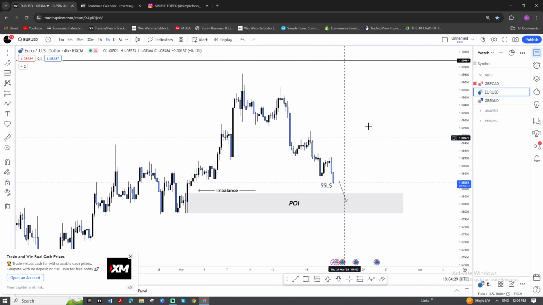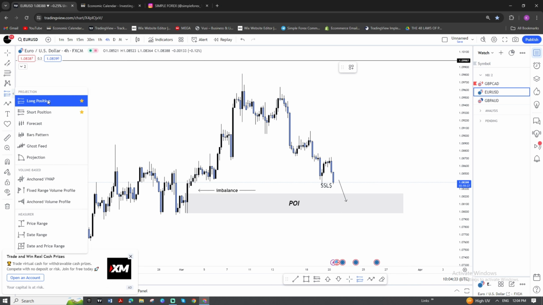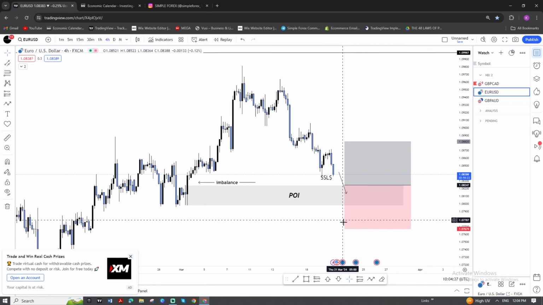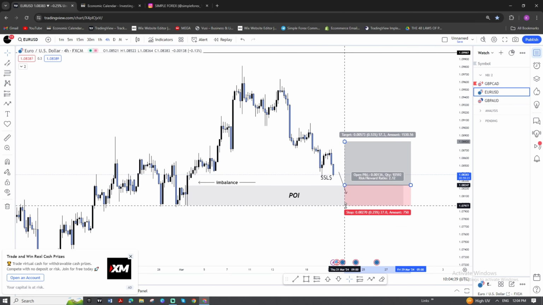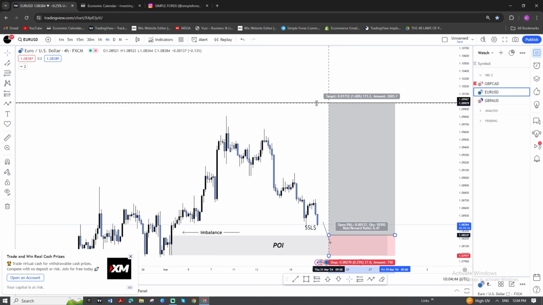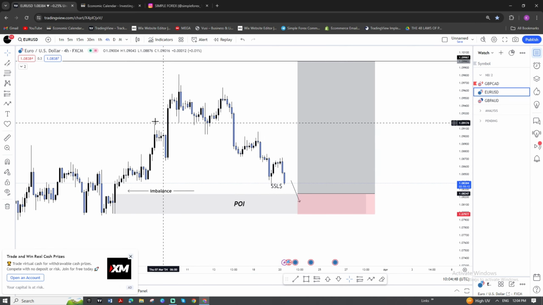So essentially it's gonna go this way. I'm gonna see that, okay, price is moving perfectly inside my order block, so I'm gonna take a long position over there and then set my stop loss here and then take it to that high over here. Right, guys, that's essentially what I'm planning to do.